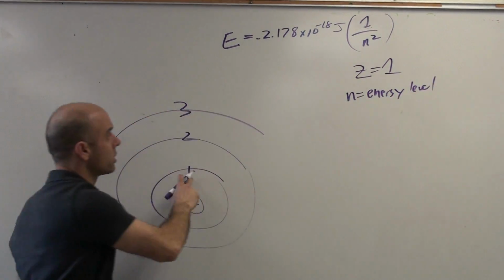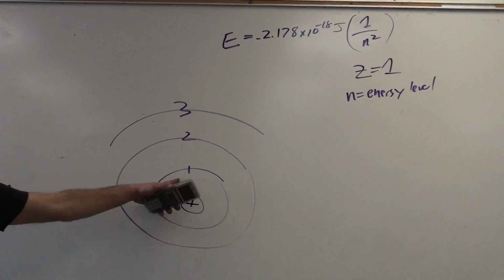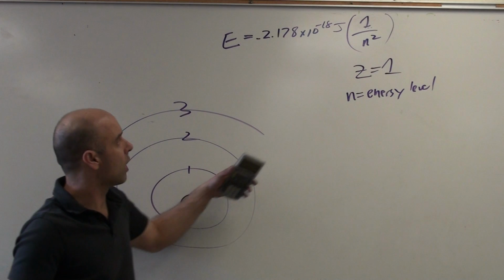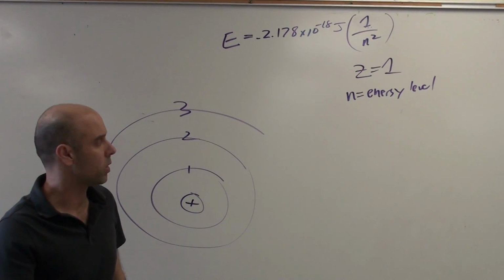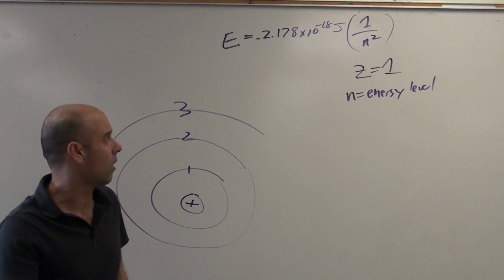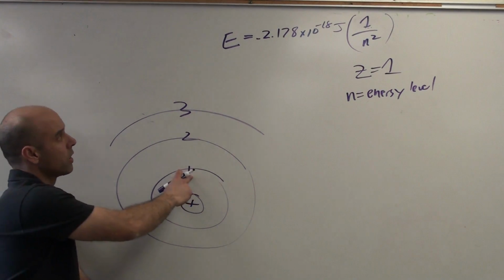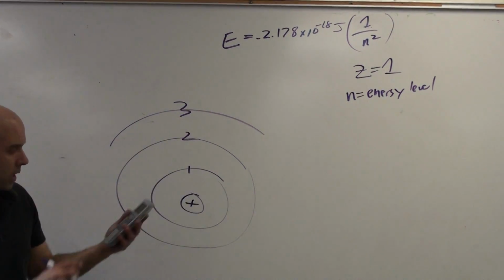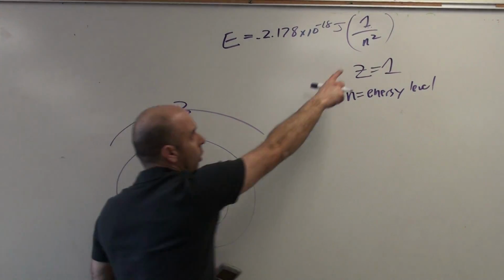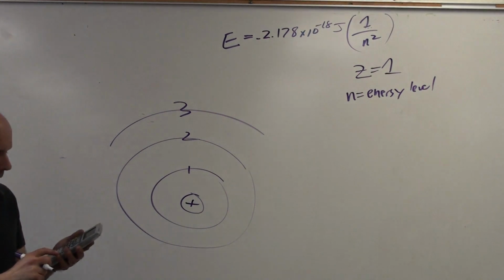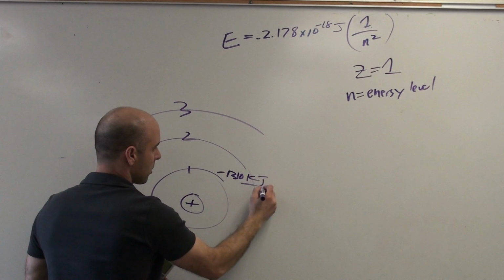So for the first energy level, you just plug that into your equation to find the energy. Now, if I were you, I'd go right away and multiply it by a mole, because that's usually what you have to end up doing anyhow. So if I were to calculate the energy for the first energy level, I would plug in 1, multiply it by a mole, and I end up with negative 1310 kilojoules per mole.